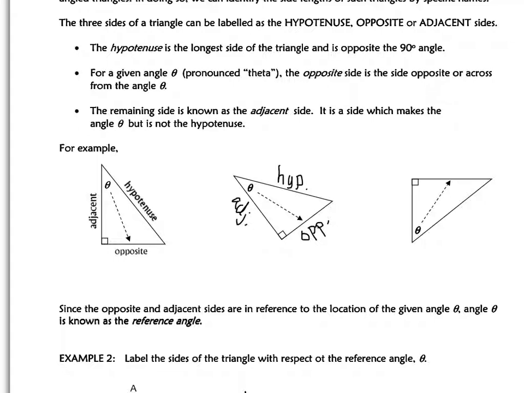And in the next example, the side that's across from the angle is called the opposite. The side that's across from the 90 is your hypotenuse. And this side is the hypotenuse, so the other side that makes up the angle is the adjacent.